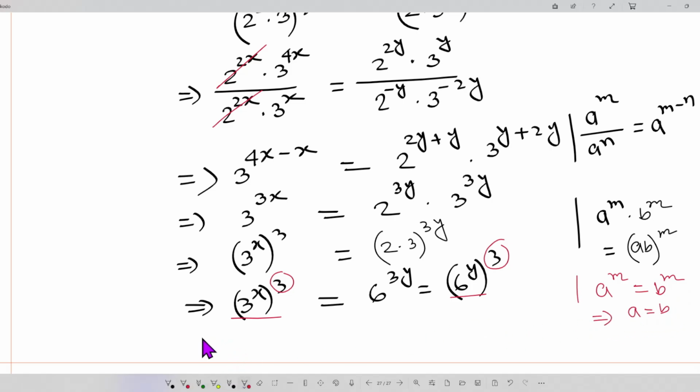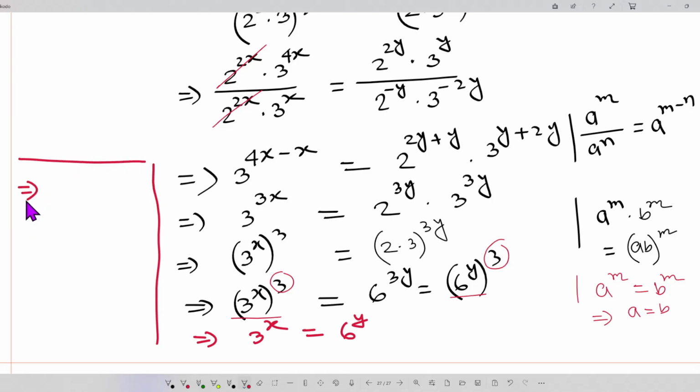So here we can write 3 to the power x equals 6 to the power y. Now we can write here 3 to the power x equals 6 to the power y. We can raise both sides to the power 1 by y.